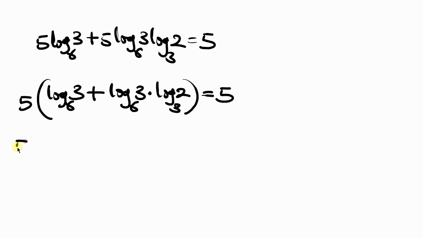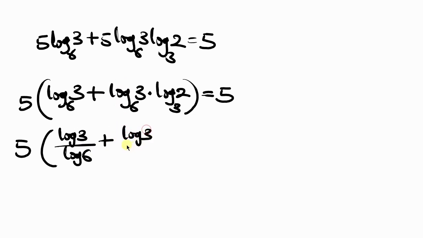Now we have 5 times. Now we apply the property of change of base, the one we have been applying. So this expression now becomes log 3 all over log 6 plus log 3 all over log 6 times log 2 all over log 3.